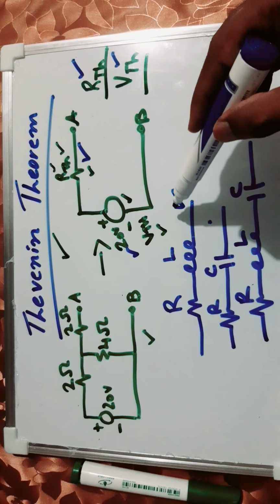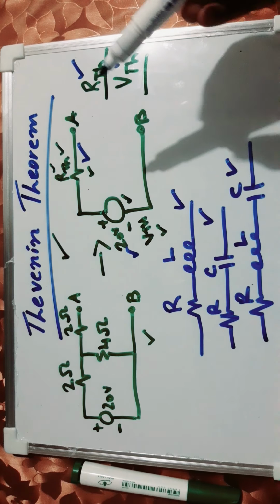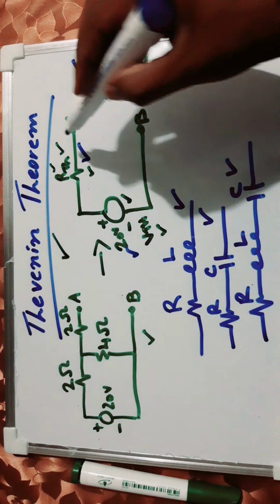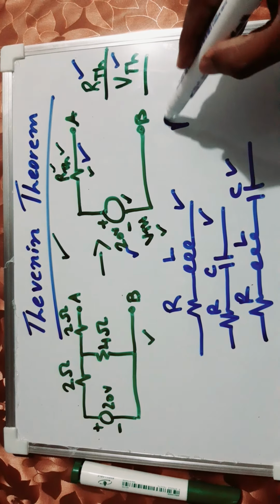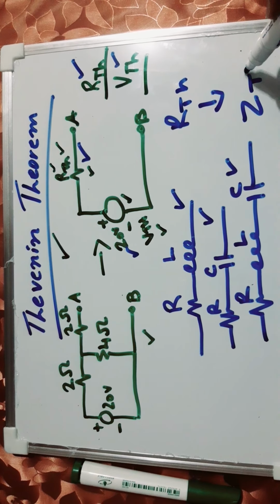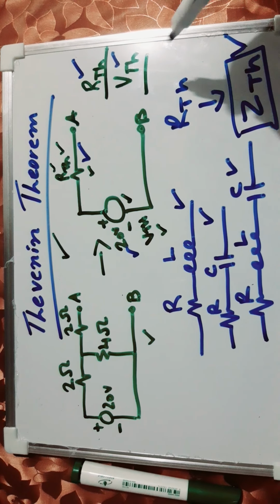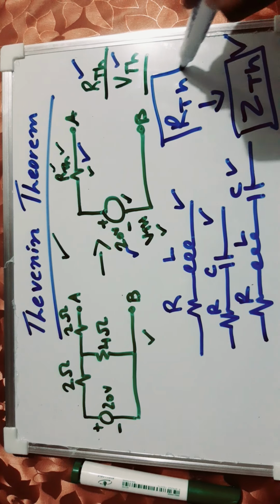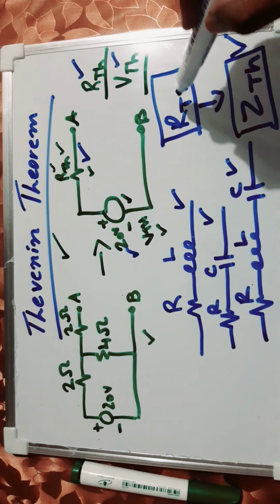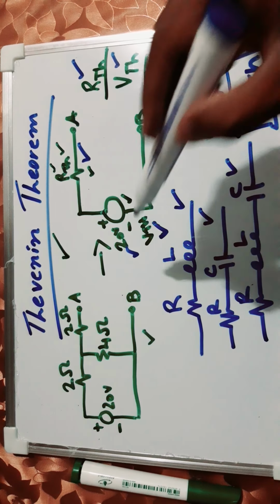But if the circuit contains RL, RC or RLC, then instead of RTH we have to find ZTH. ZTH is Thevenin equivalent impedance. But this we will do in our next lecture. In today's lecture, we will do problem 1, that is related to Thevenin equivalent resistance and Thevenin equivalent voltage.